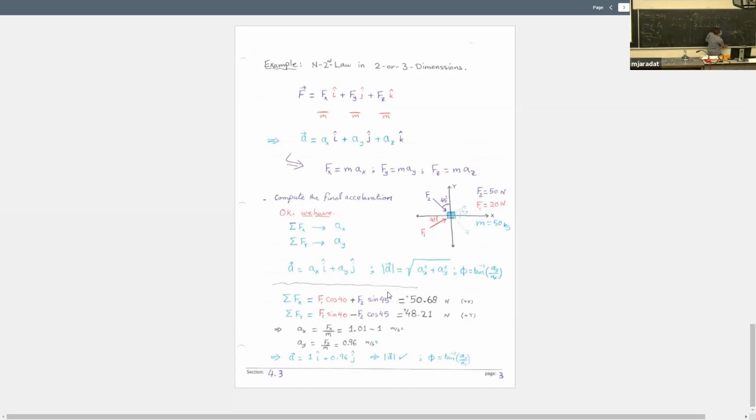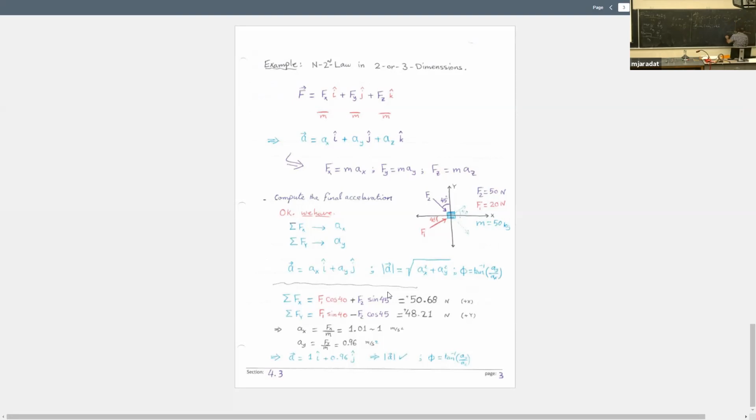For F1, I have F1 cosine 40 because I have 40 from the x direction. I have F1 sine 40 because the 40 is from x. Now here, this is 45, and also this is the same.